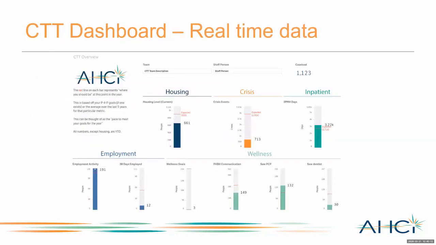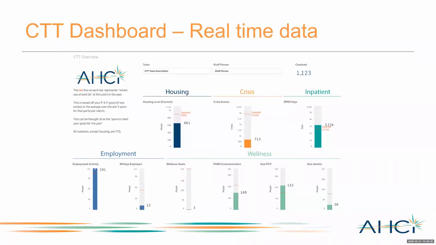And then we use dashboarding to measure how everyone is doing. And what you have here is just a snippet of one team. I couldn't tell you which one it was, but you have different domains.